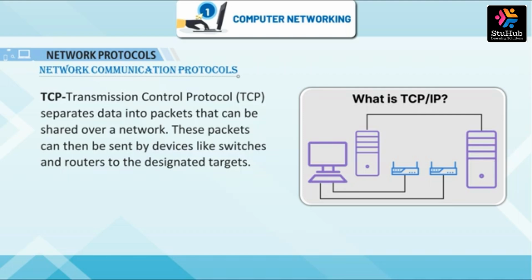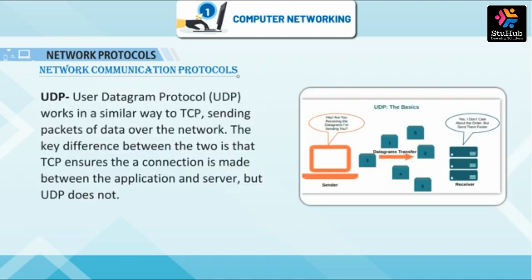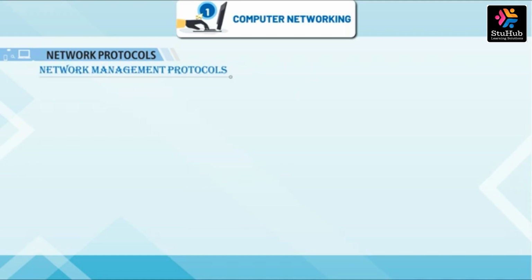These packets can then be sent by devices like switches and routers to the designated targets. UDP, User Datagram Protocol, works in a similar way to TCP, sending packets of data over the network. The key difference between the two is that TCP ensures the connection is made between the application and server, but UDP does not.